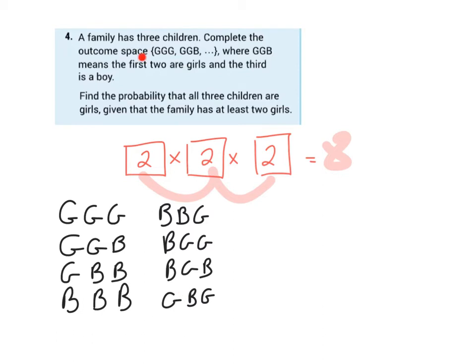So now we have to do some questions. Find the probability that all 3 children are girls, given that the family has at least 2 girls. So let's write it in notation first. That basically means the probability that all 3 are girls, so you have all girls, given that there are at least 2 girls.